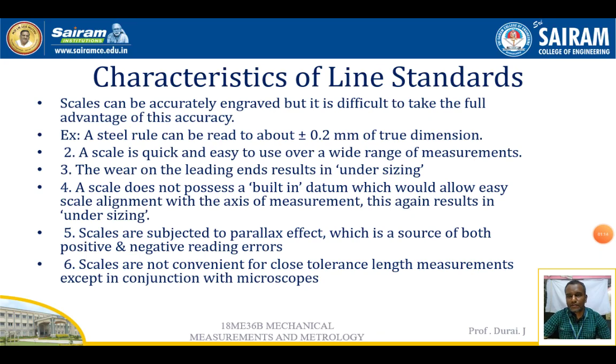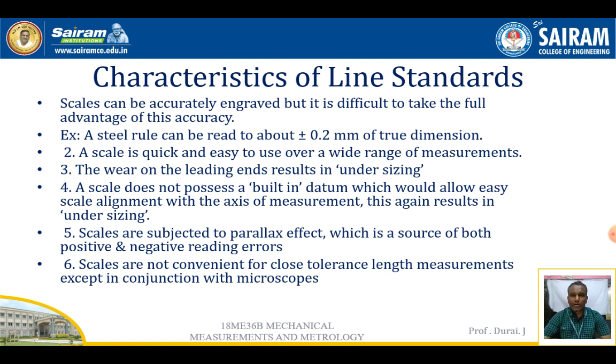The scale can be accurately engraved, but it is difficult to take full advantage of this accuracy. The accuracy is not good because it is hard to see the distance between the lines while taking the measurement. We cannot mark exactly on a particular line, so the accuracy suffers.